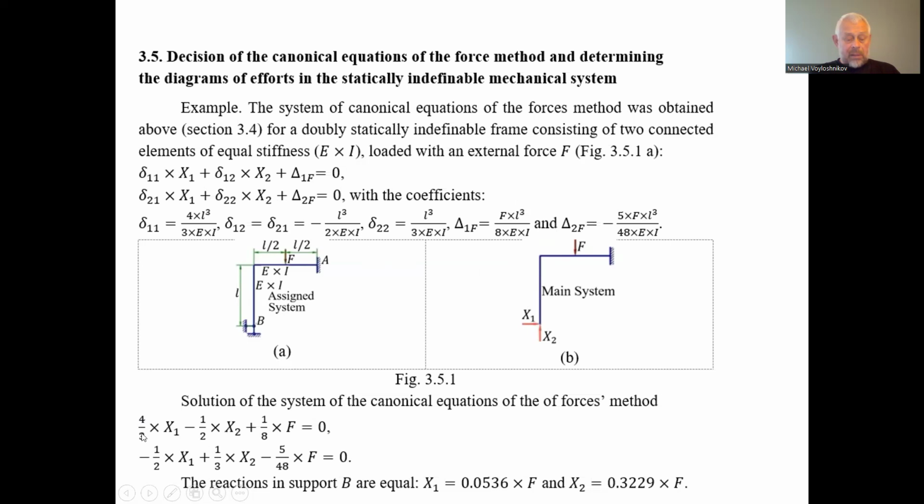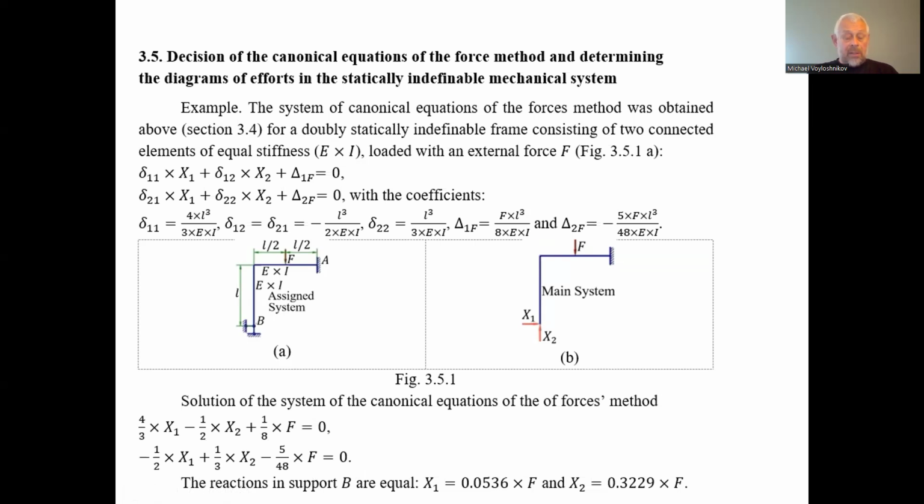The first equation is the fraction 4 divided by 3 multiplied by x1, minus the fraction 1 divided by 2 multiplied by x2, plus the fraction 1 divided by h multiplied by F, etc. Then the second equation. We can solve these equations, that's understandable how to do that.